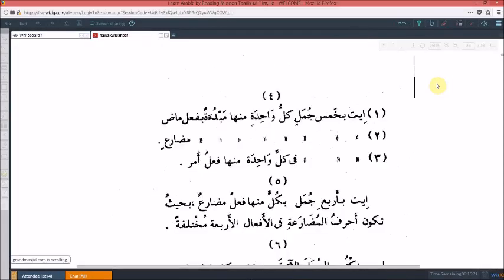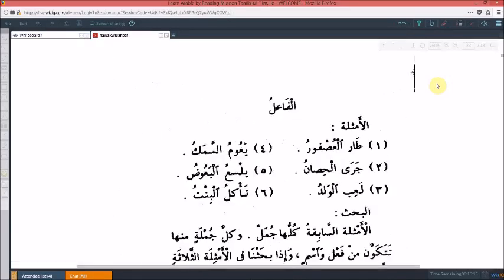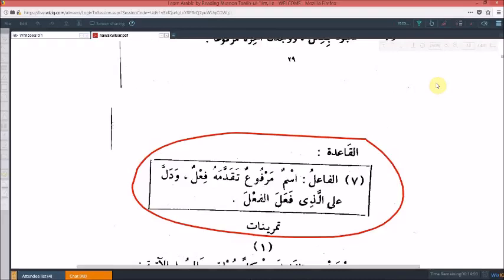Next, we have, it says fi'l here. Let's see what our rule is going to be. I'm scrolling. Give me a minute. القاعدة السابعة. الفاعل, which we would say the doer of the verb. The doer, the one who is doing the fi'l. اسم مرفوع تقدمه فعل.